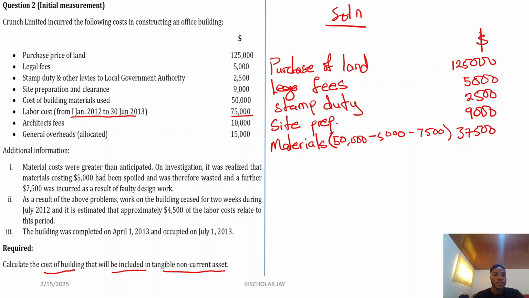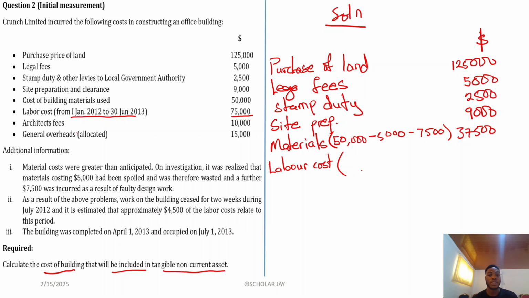All right. Then labor cost. So this amount of 75,000, right? They said it's from 1st January 2012 to 30th June 2013. Is that not it?